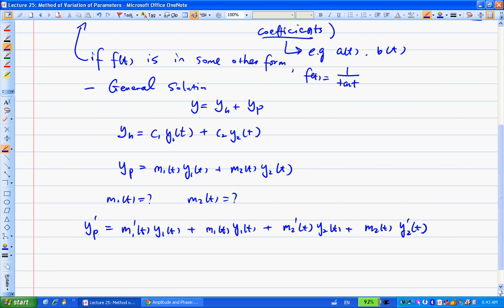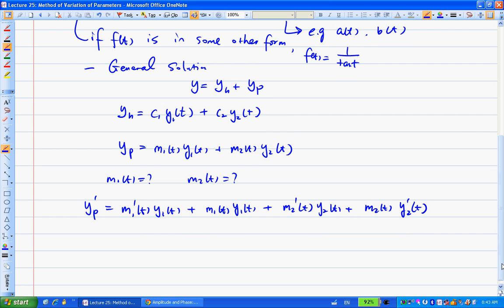This is a relatively long expression. If you take the second derivative, it'll be even longer.